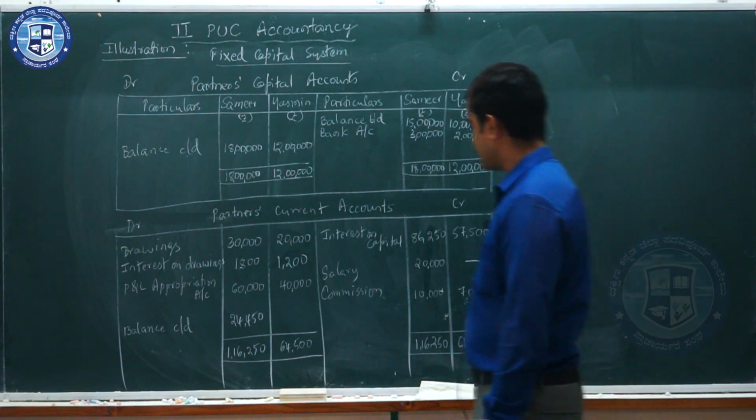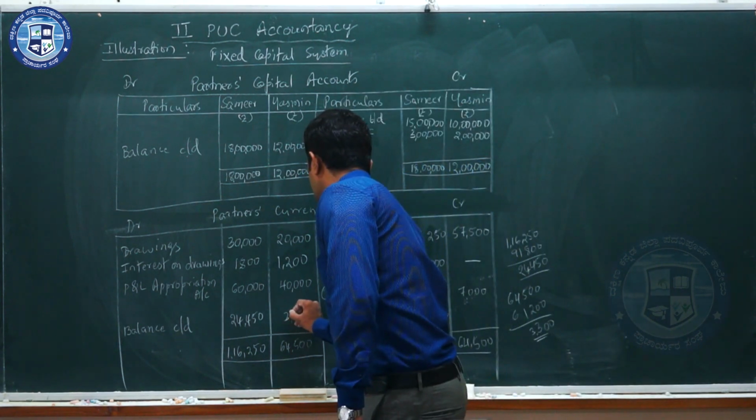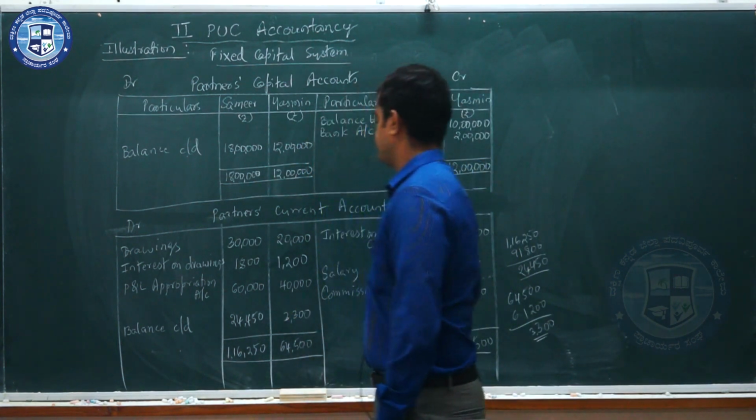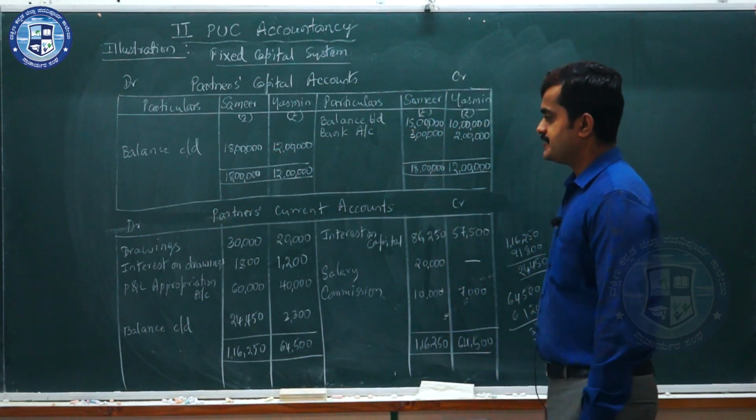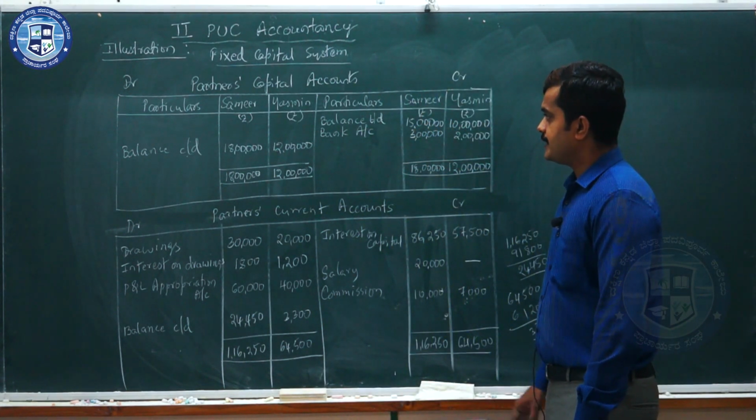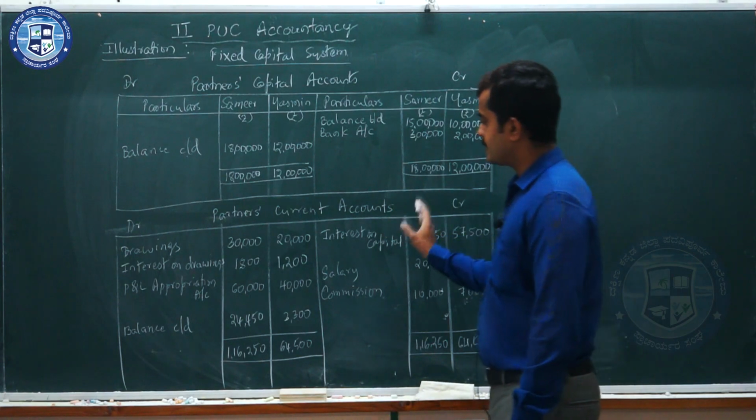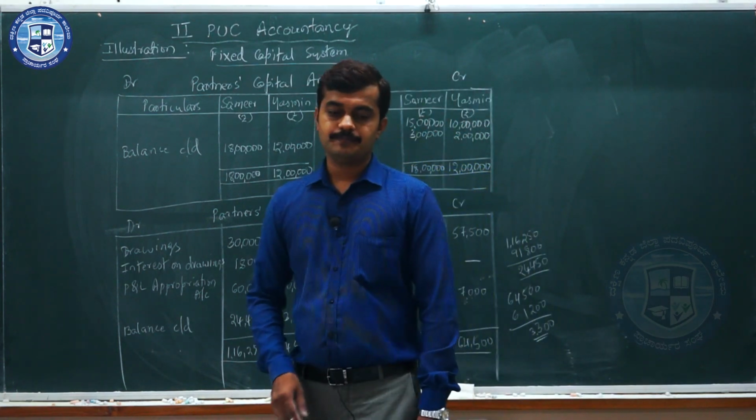Balance is 3,300. So this is how partners capital accounts and partners current accounts come under capitals are fixed.